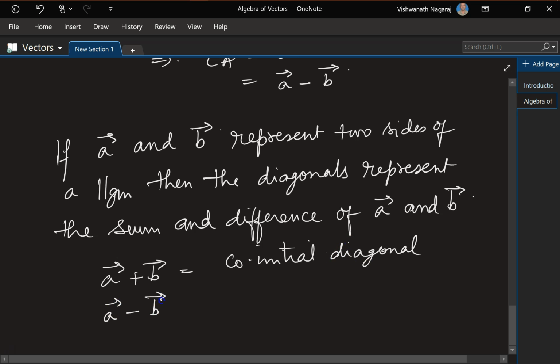A minus B would be the non-co-initial diagonal.